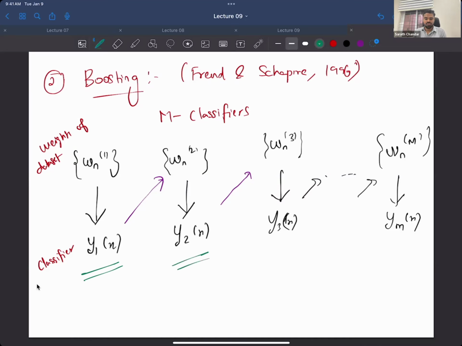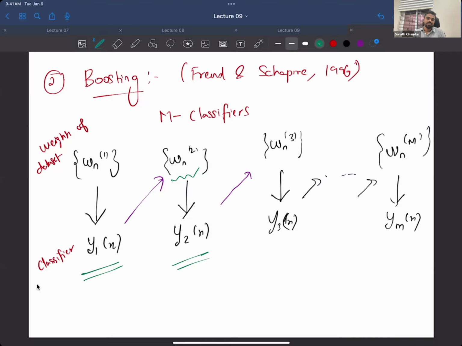Then you train y2 of x, where the weights of the examples are decided based on the mistakes of y1. Any example where y1 makes a mistake, the weight is increased. Any example where y1 makes no mistake, the weight is reduced.